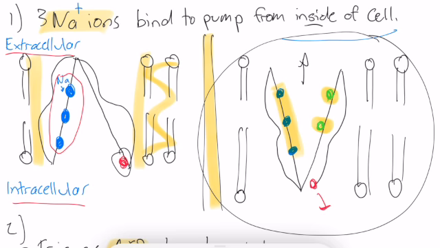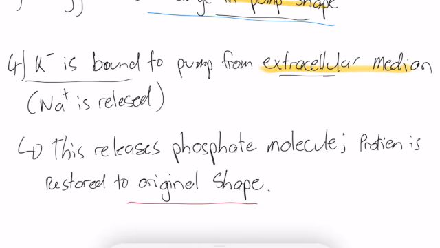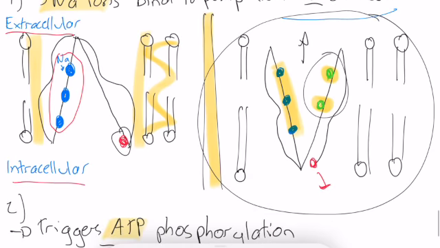So effectively what happens is 2 potassium ions bind to the pump, and when it's in that extracellular direction, the sodium is released, potassium is bound, and this releases the phosphate molecule. So as that potassium is bound, the phosphate molecule is released, and without the presence of the phosphate molecule, the pump is restored into its original shape.